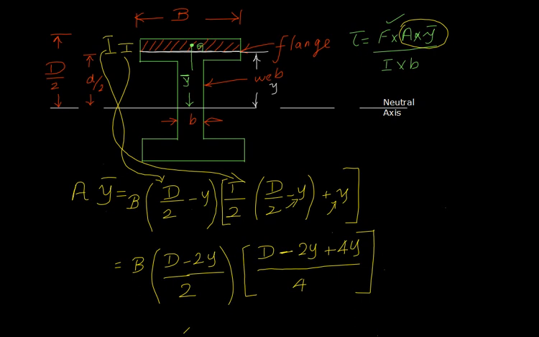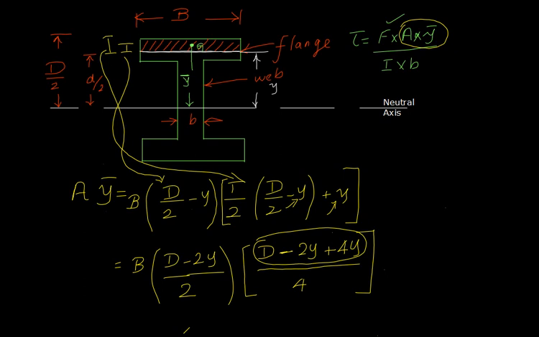So if you look at this particular expression, capital D minus 2y plus 4y is capital D plus 2y. What is capital D minus 2y into capital D plus 2y? It is capital D squared minus 4y squared, because it is of the form a squared minus b squared.